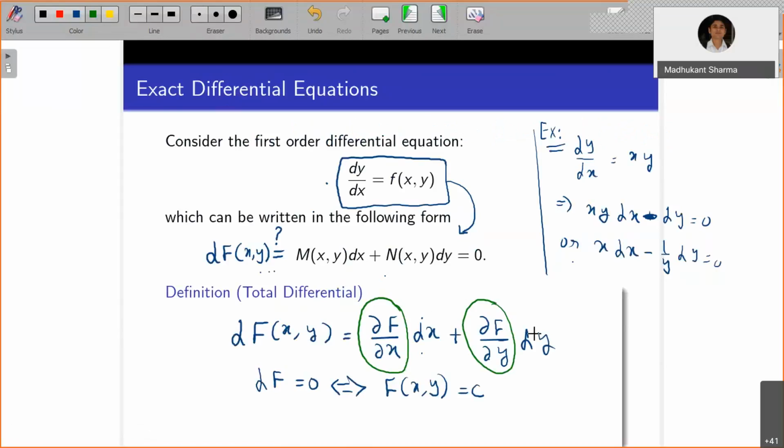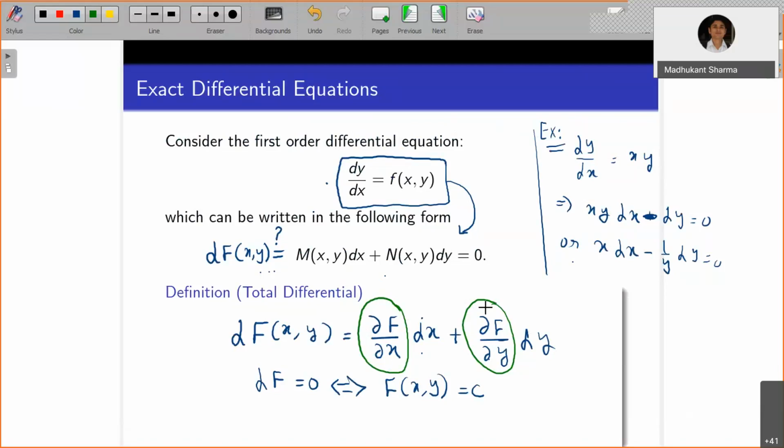The partial derivatives exist, and later you will see we require continuity of the partial derivatives as well.